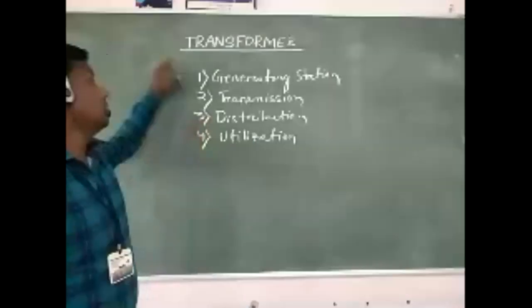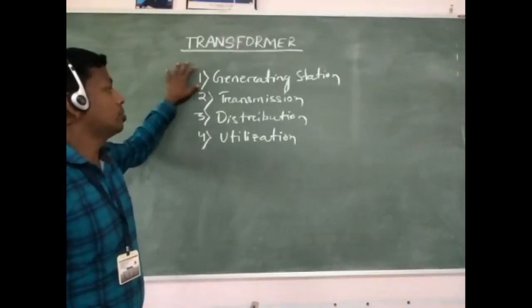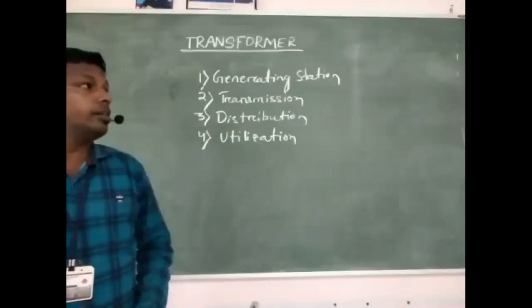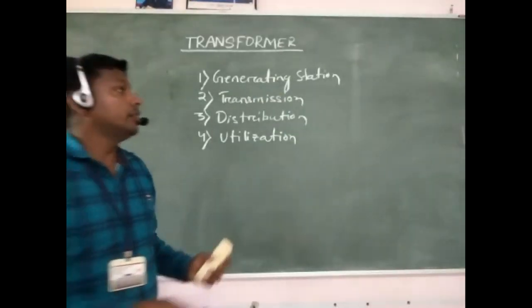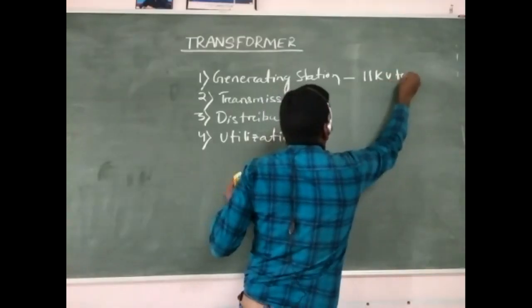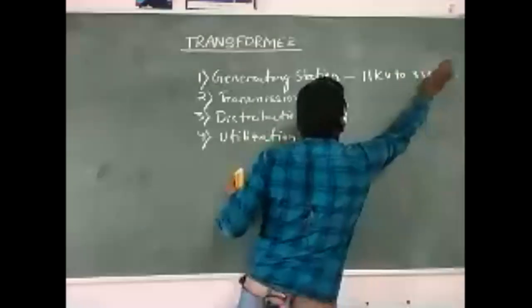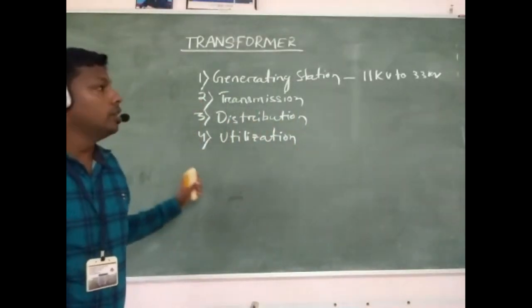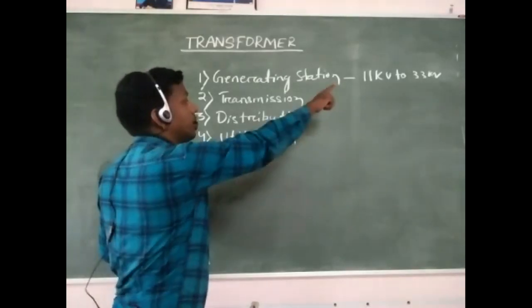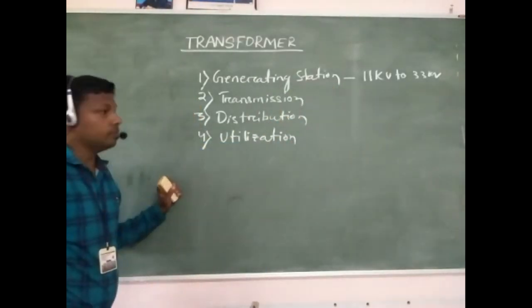As you know, electrical power is generated at the power plant, which is called the generating station. Here the generated power has 11 kV to 33 kV voltage rating. Generally in India, it is set up at 11 kV to 33 kV.